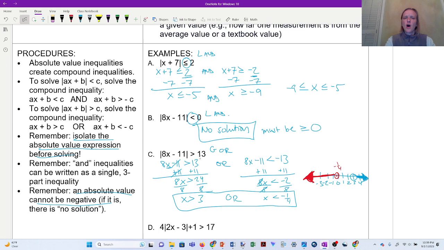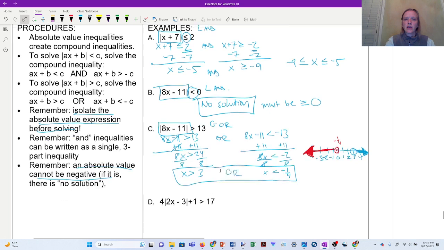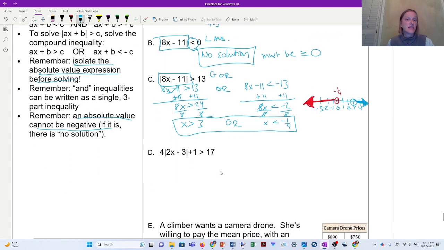So far, all of our absolute value expressions have been isolated. They've been by themselves on one side of the inequality. However, you can get an inequality that is not isolated. So here is my absolute value portion of this inequality, but I'm also multiplying by 4, I'm adding 1. There's a lot going on this side of the equation.